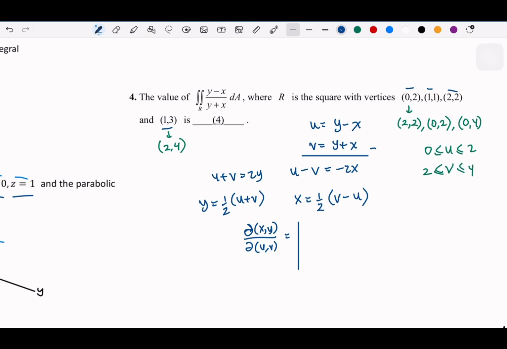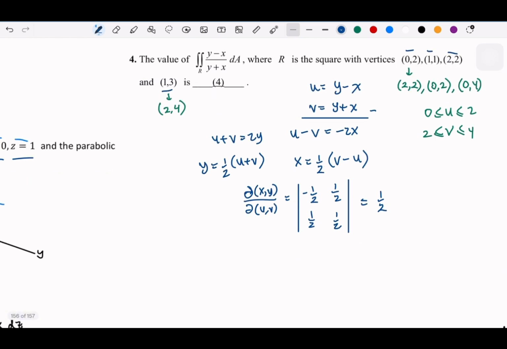So this will be negative 1 over 2, and then this is half, this is half, this is half, and the same component, this should be half. It should be negative half, but it will be absolute value, so I will just write the value itself. Okay. And then we take this u over v from here.